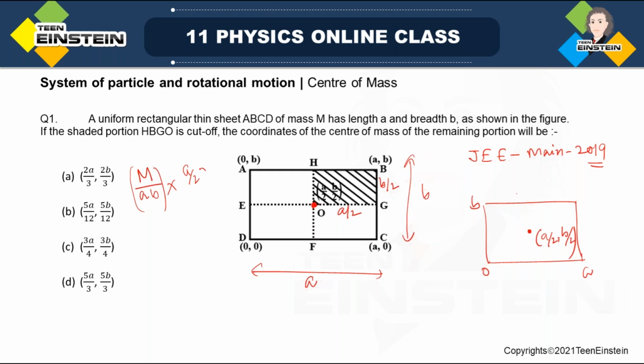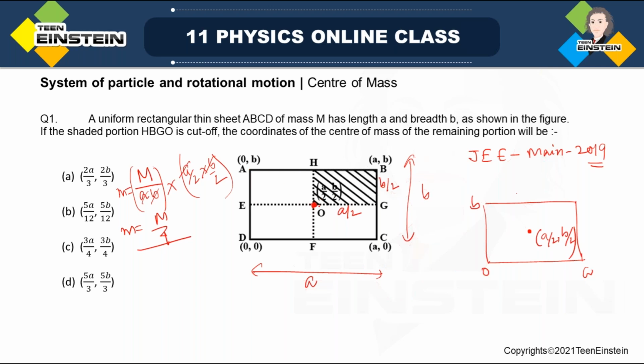The area is A by 2 into B by 2, that is AB by 4. Now A, B will cancel, so the mass of that particular portion is capital M by 4. So this particular portion has mass M by 4.